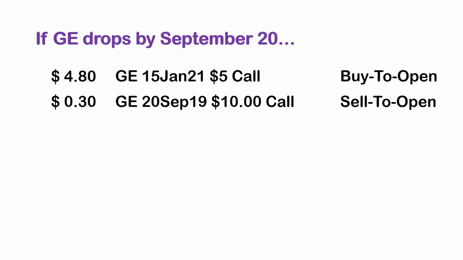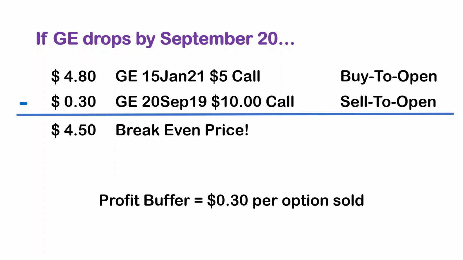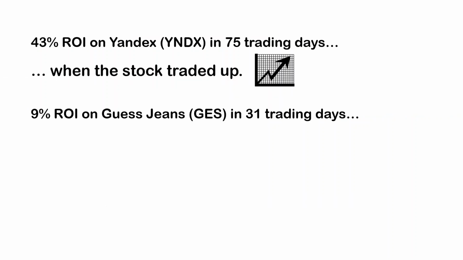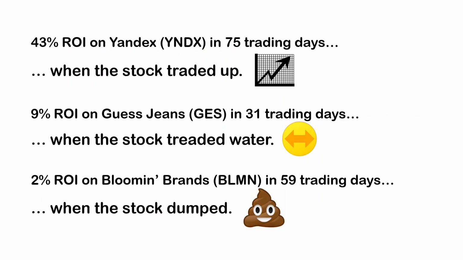Well, we have that 30-cent price buffer, so it can drop all the way to $4.50 and we won't even realize it. Here's a couple of the trades that we did using this strategy. 43% on Yandex when the stock went up, 90% on Guess Jeans when the stock treaded water, and 2% on Bloomin' Brands when the stock took a big dump.